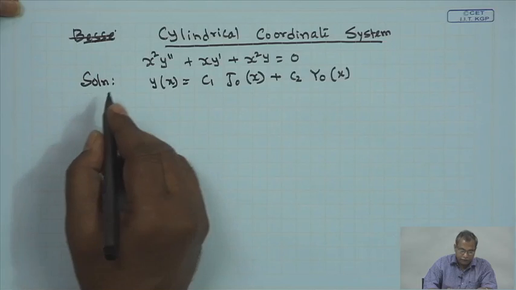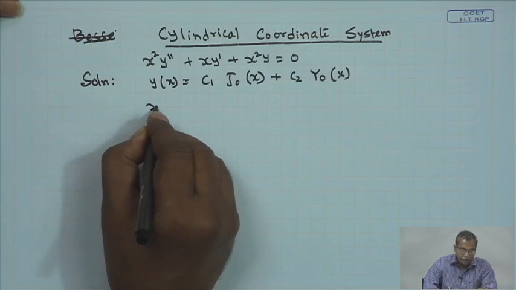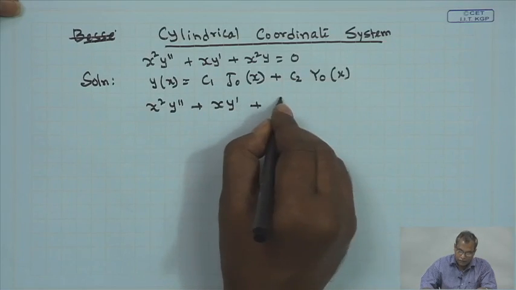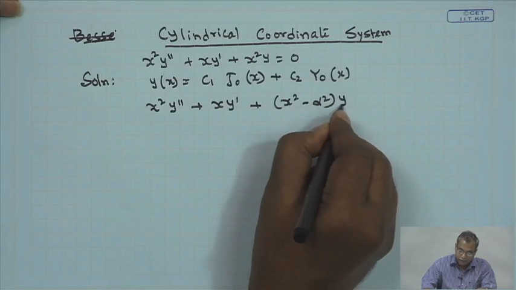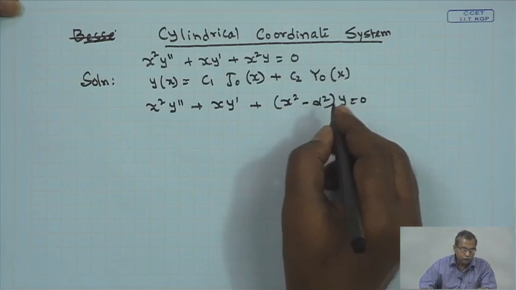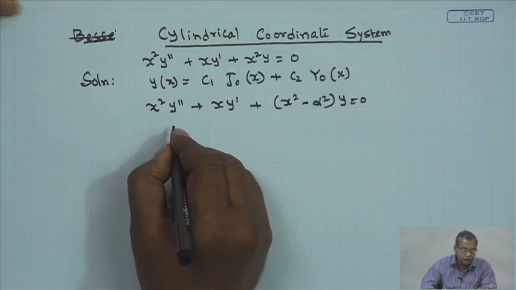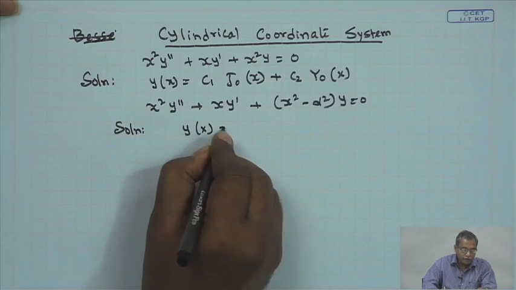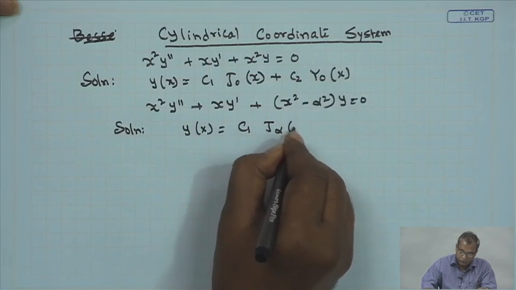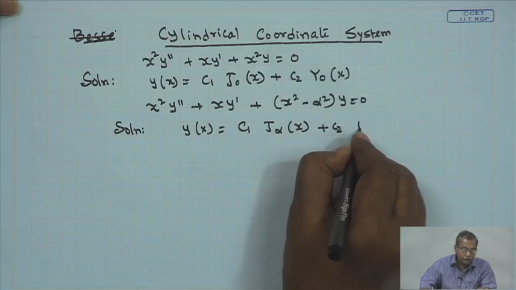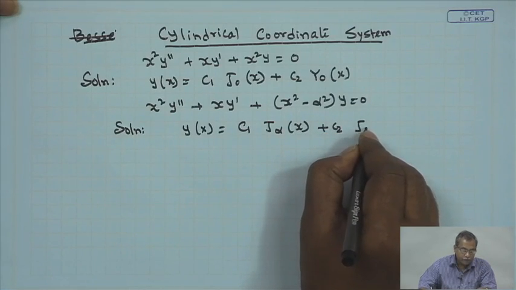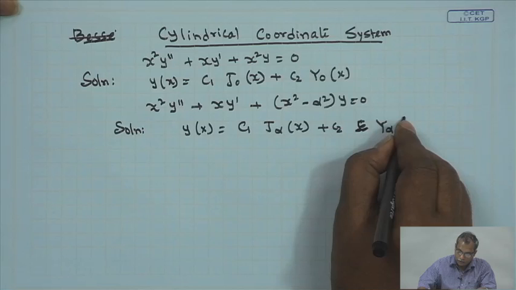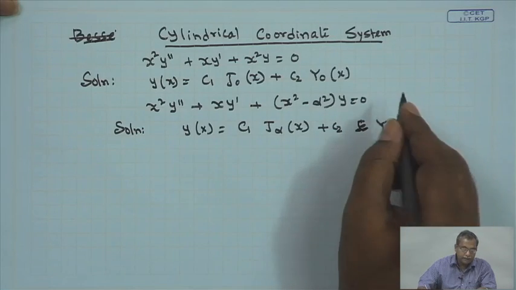If the differential equation is x square y double prime plus x y prime plus x square minus alpha square times y, where alpha is an integer, then the solution is of the form y of x equal to C1 J alpha x plus C2 J minus alpha x, or we call it Y alpha x, where alpha is an integer.